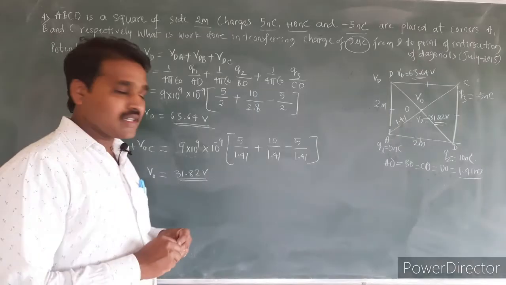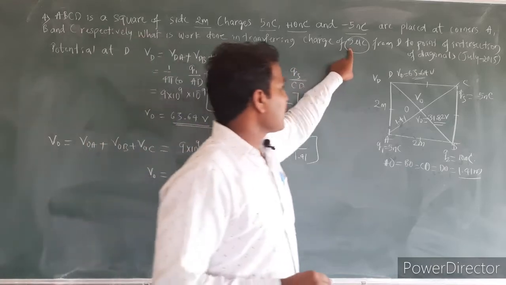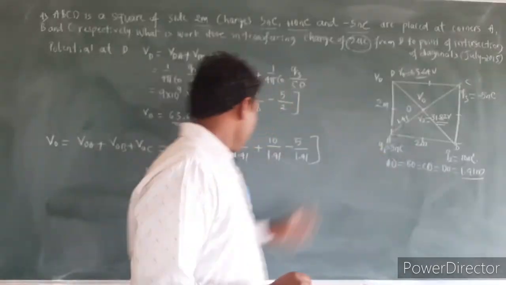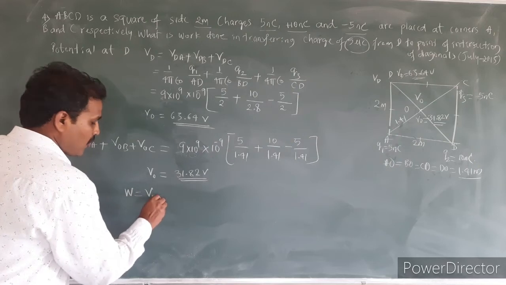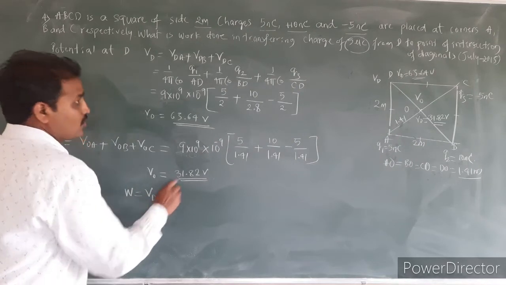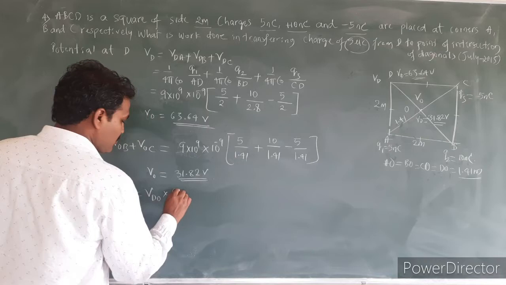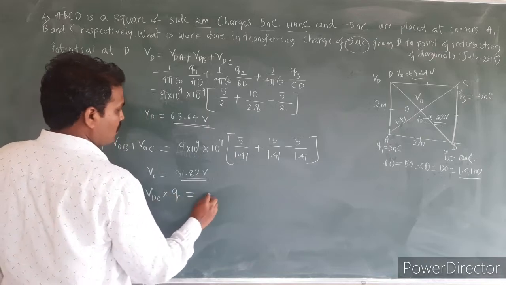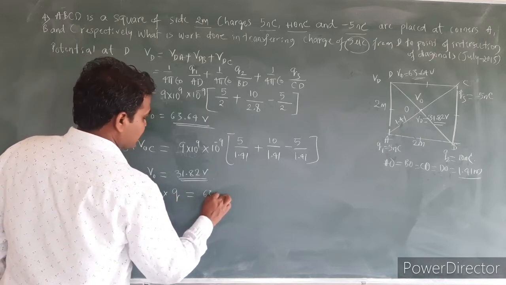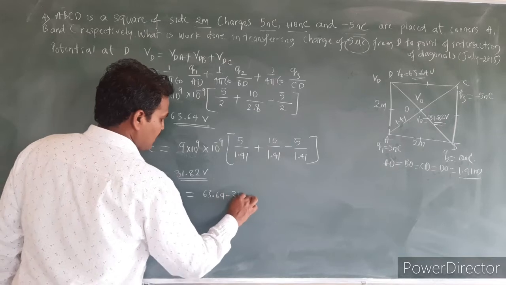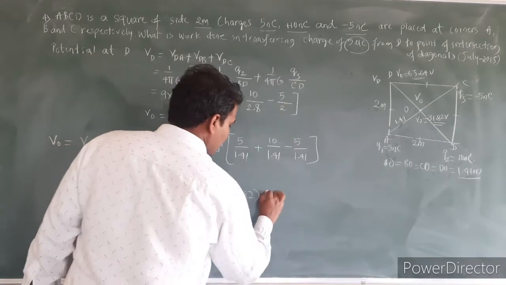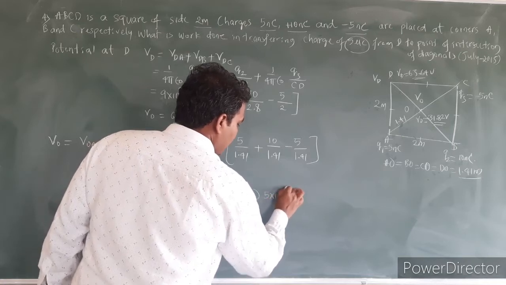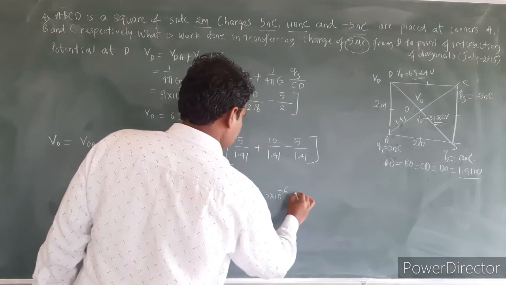Okay, and the work done in moving the charge of 5 microcoulomb from point D to O is given by W is equal to potential difference between point D and O into magnitude of the charge that has to be moved. So that is equal to potential difference is given by 63.64 minus of 31.82 into what is the magnitude of the charge? 5 into 10 to the power of minus 6.